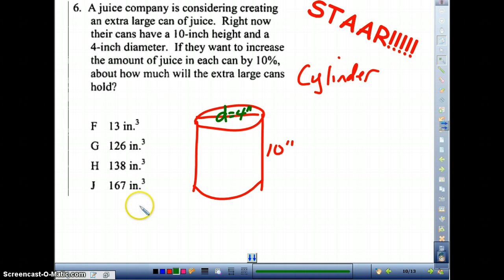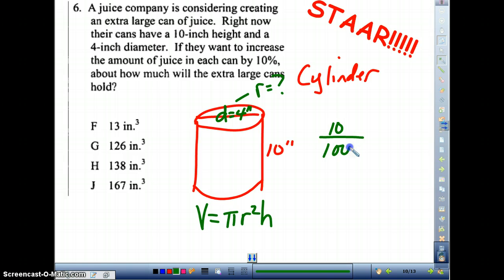If they want to increase the amount of juice in each can by 10%, how much will the extra large cans hold? You've got to calculate the volume of this cylinder. Don't forget, you've got to change this to a radius. And then you've got to add on 10% more.